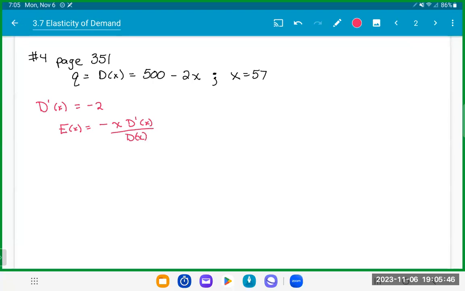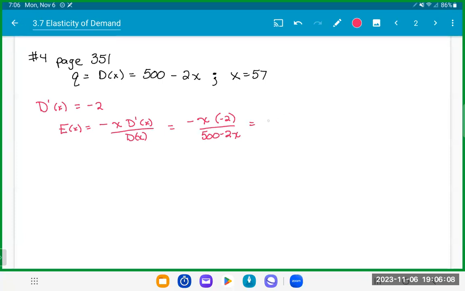And so now we know these parts. We don't know x, but we know the rest, right? So -x, my derivative is -2, and my d function, it was given to us, is 500 minus 2x, okay? So we need to simplify.